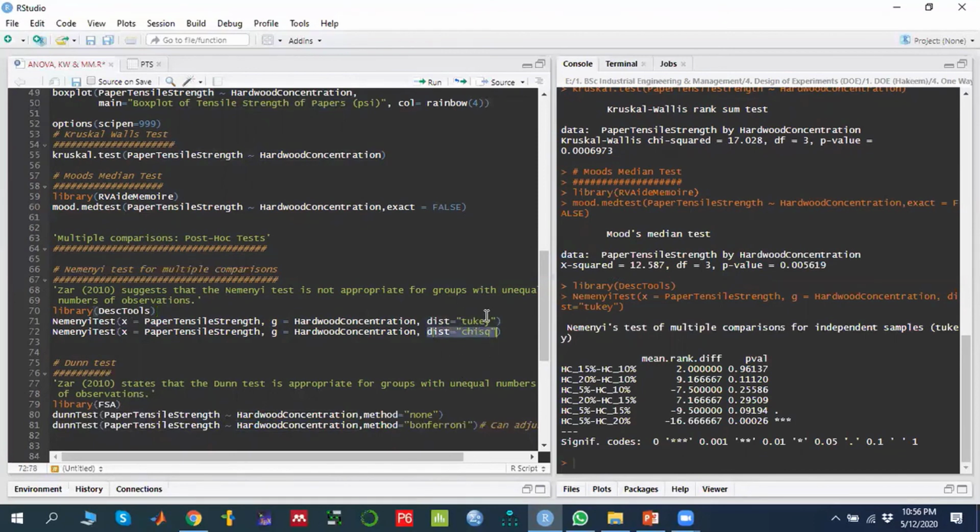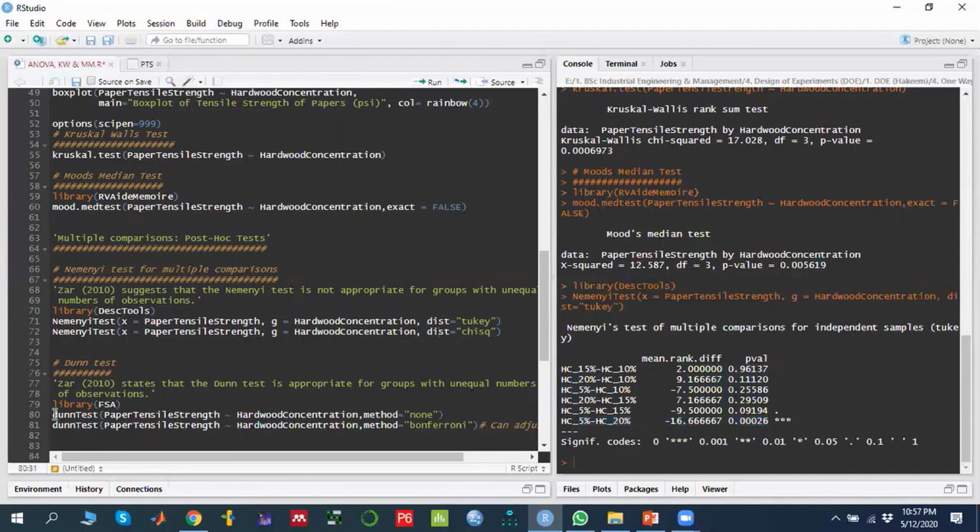You can use either one, and the interpretation would be the same. Because the data is actually normally distributed, this test indicates that all the levels are equal except only 5 and 20. All other levels are pairwise equal.